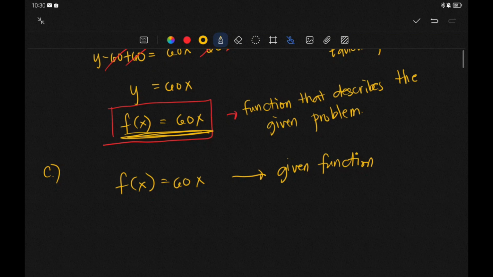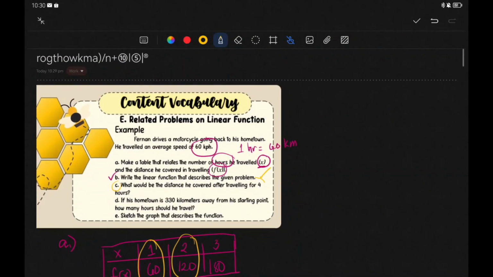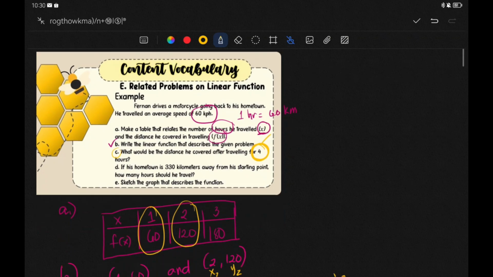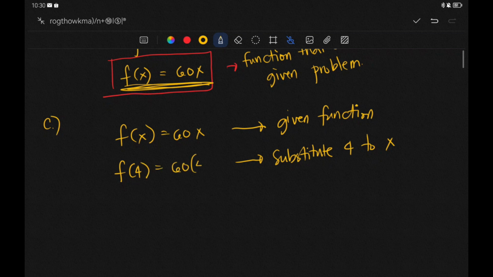Now, we are looking for the distance he traveled after 4 hours. So, substitute 4 to x. So, that is f of 4 is equal to 60 times 4.